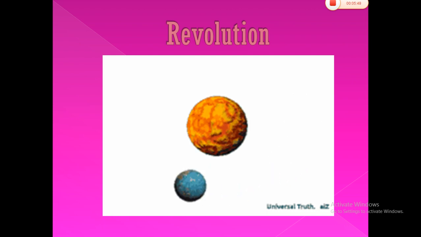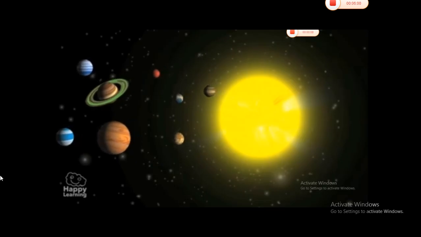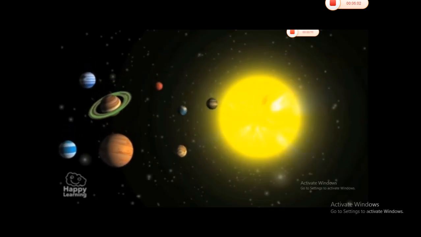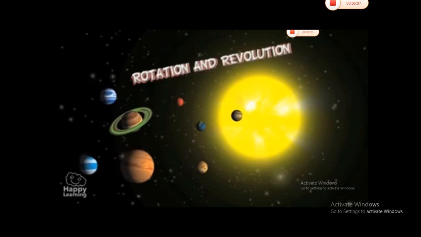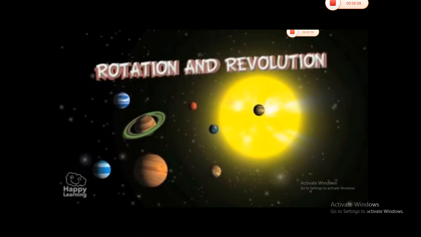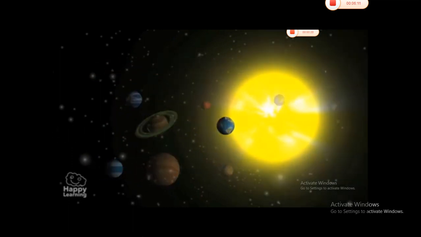Children, let us watch something about these movements. Like other planets of the solar system, the Earth moves in two different ways. One is called rotation, and the other is called revolution.